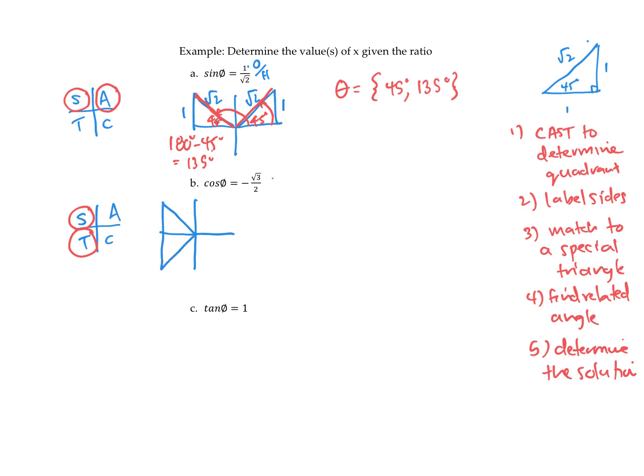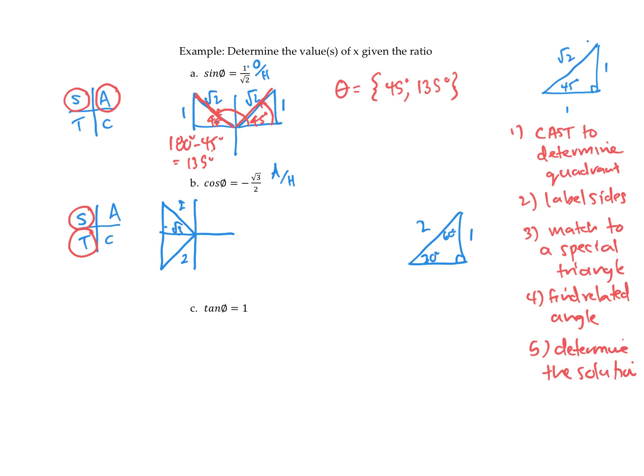I've been given two sides, so label the sides, the adjacent and the hypotenuse. The adjacent is root 3, the hypotenuse is 2. The root 3 is the number that's negative because it's in the negative part of the x-axis, and the hypotenuse is never negative. Okay, so what triangle does it look like? Well, it looks like the 30-60 one, because the 30-60 one has a hypotenuse of 2, and I know there's a root 3 in the 30-60.